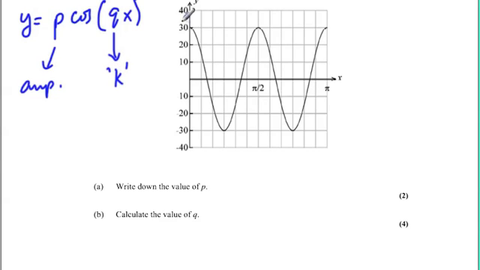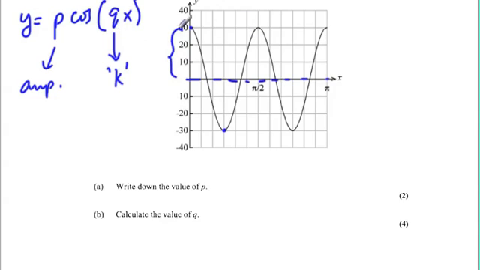Anyways, the amplitude right here: this is the max, which is 30, and the min, which is negative 30. So I can tell right away that the amplitude is 30 and the central axis is 0. We'll figure out what q is in a second.